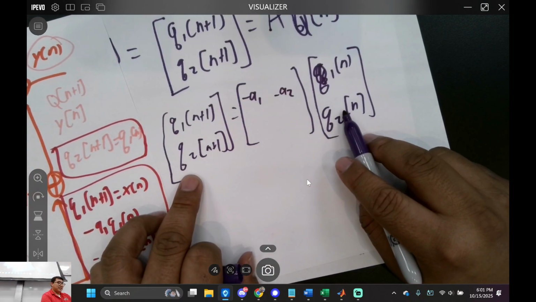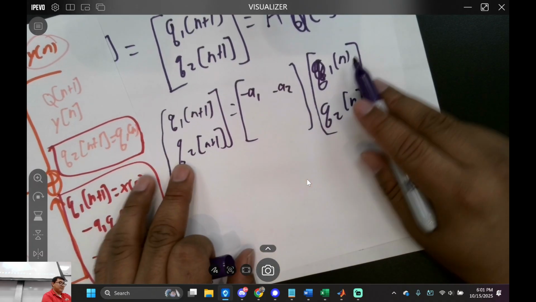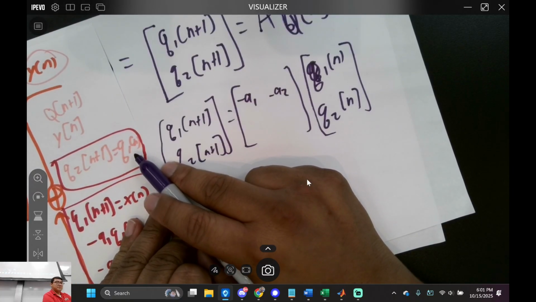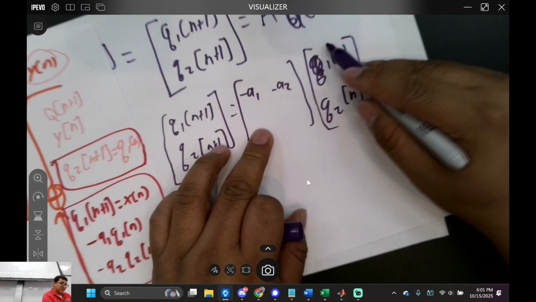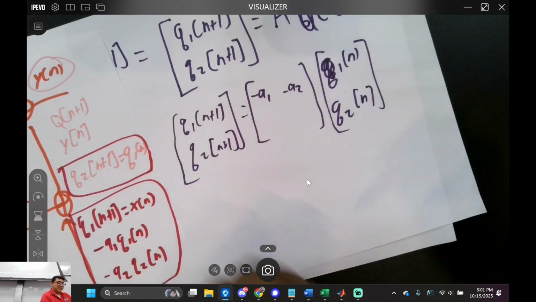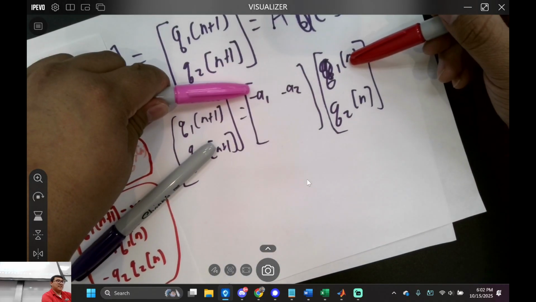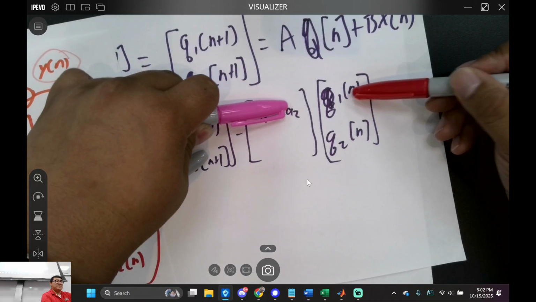Now I want this state right here. What do I put right here? Q2 of n plus 1. It's just this Q1, it's just 1. So where do I put that? Well, I want this one. Do you guys see what I'm trying to do? It goes like this: this multiplied with this, plus this multiplied with this.